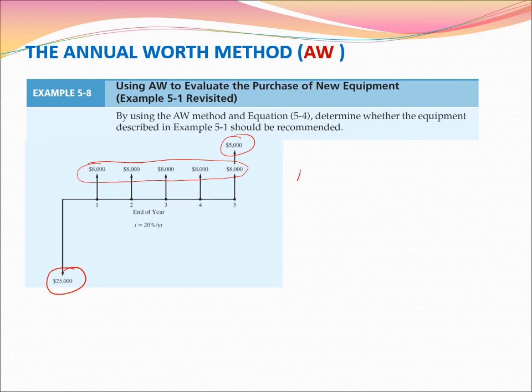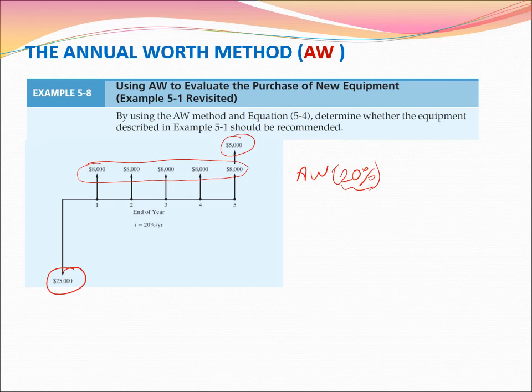So how can we find this annual worth? The MARR was given as 20%. So sometimes we write this like this, annual worth using 20% as the MARR. The 20% inside this parenthesis is the interest rate or the MARR that we are using in our calculations.